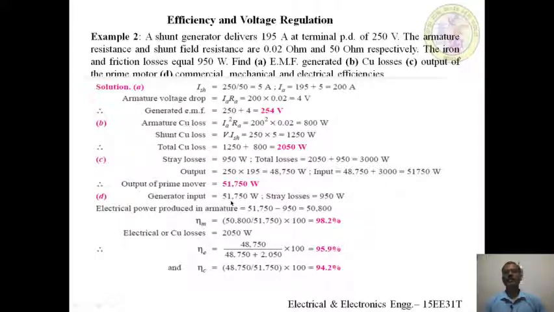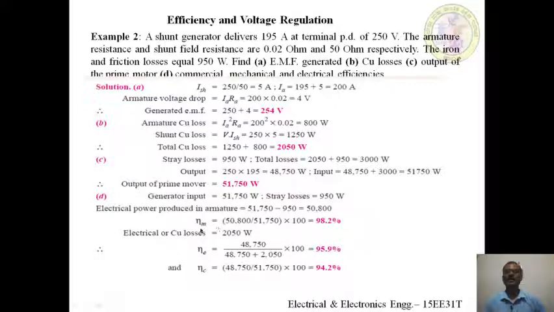Generator input minus stray losses is the electrical power developed in the armature, that is 50,800. So now from the power stages we have the values: A, the input power to the generator; B, the power developed in the armature; and C, the actual output power available at the generator.